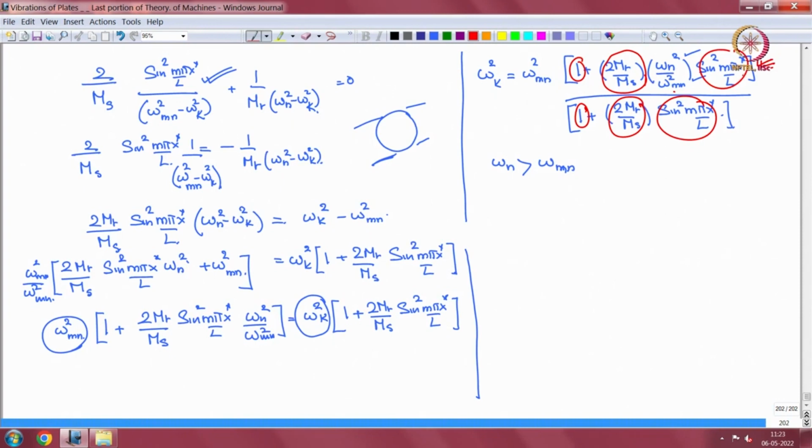That means this is multiplied by something bigger than 1. So omega k will turn out to be greater than omega mn. So omega n is higher than omega mn, so it will pull up the natural frequency.